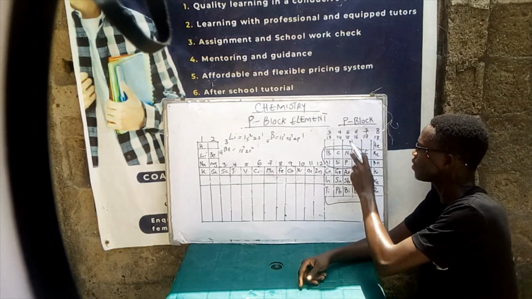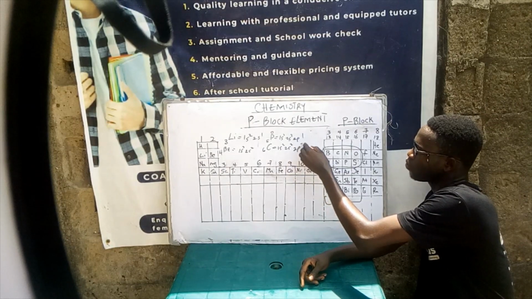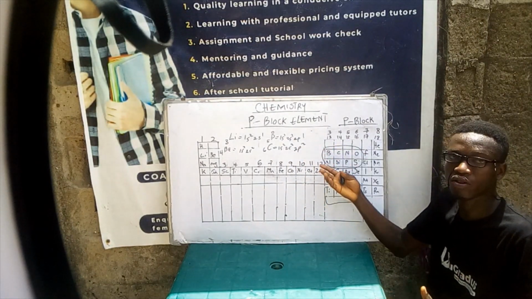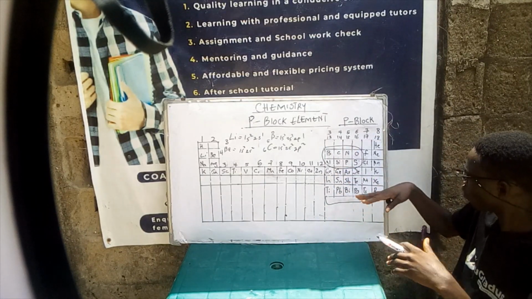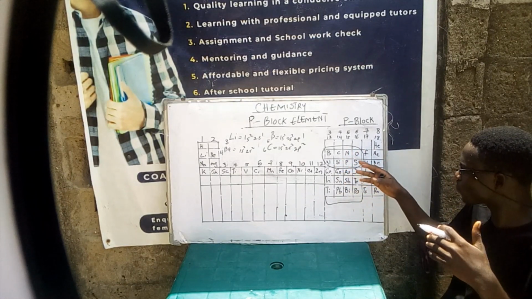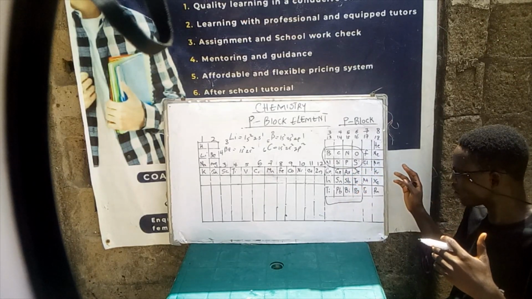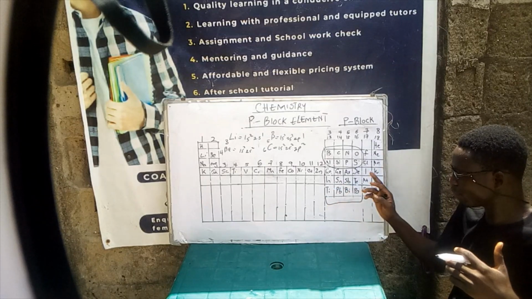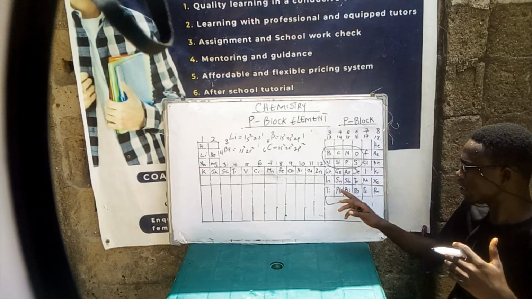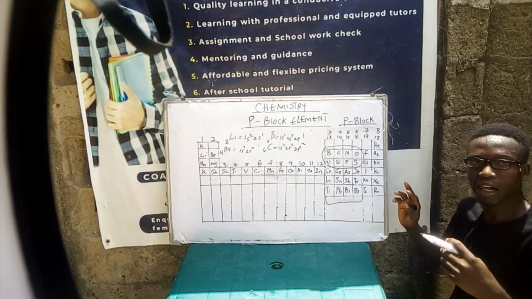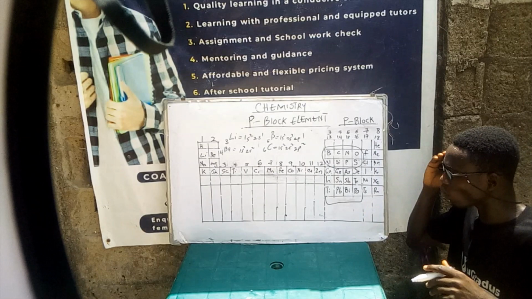Are we together? Now let's take carbon. Carbon is 6, so it is 1s2, 2s2, 2p2. So carbon also has 2 electrons in the p orbital. That's why they are p block elements. If I configure all these others too: nitrogen, oxygen, fluorine, neon, aluminum, silicon, phosphorus, sulfur, chlorine, argon, gallium, germanium, selenium, iodine, krypton, indium, tin, lead, tellurium, antimony, astatine, xenon, bismuth, polonium, and all of them, they are going to enter the p block orbitals.